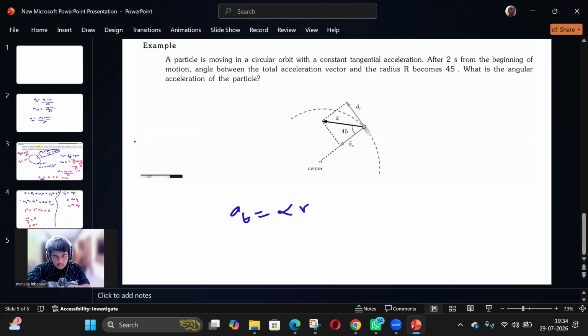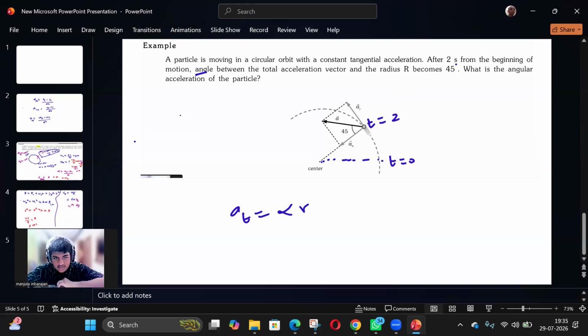Let me see, this is the starting point, horizontal, at t equal to 0. At this position the angle becomes 45 degrees. What is the radius, sir? It should be given.